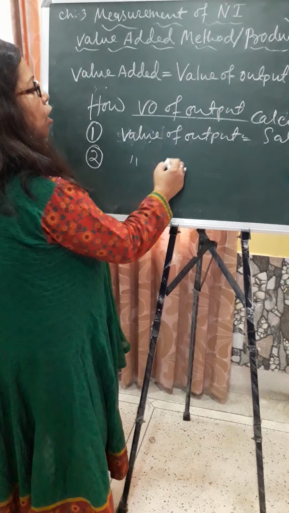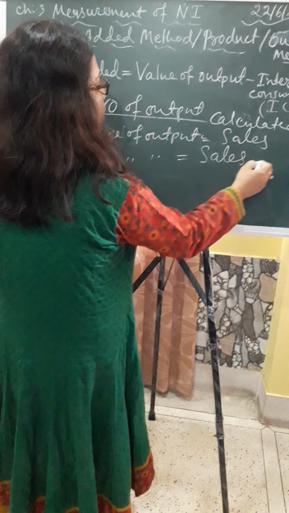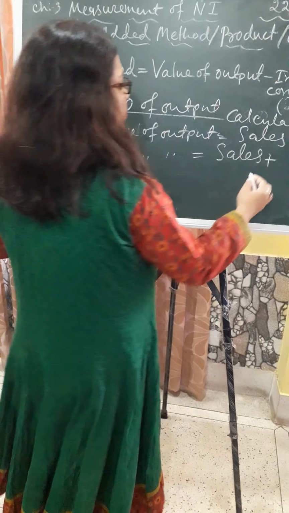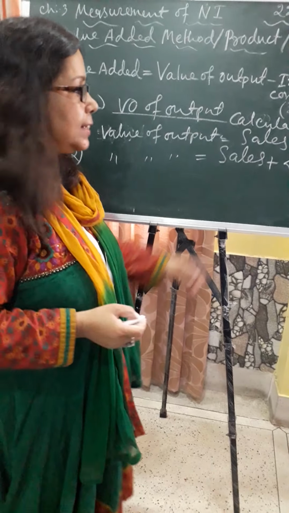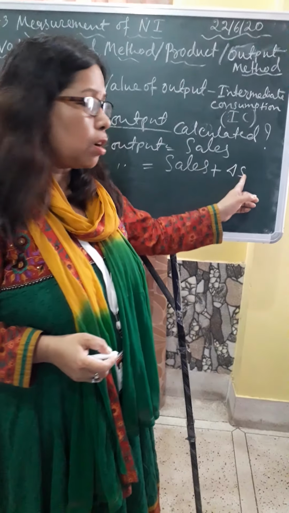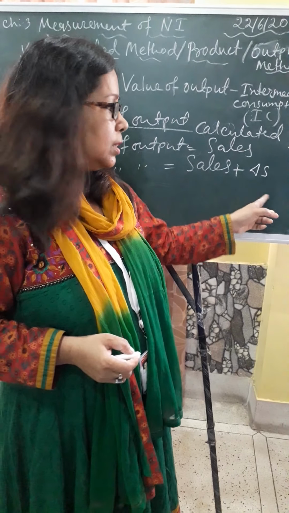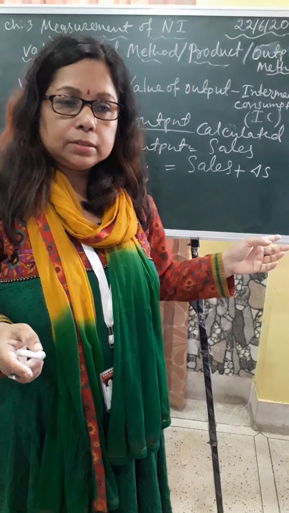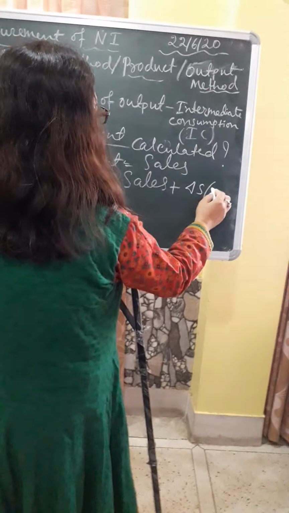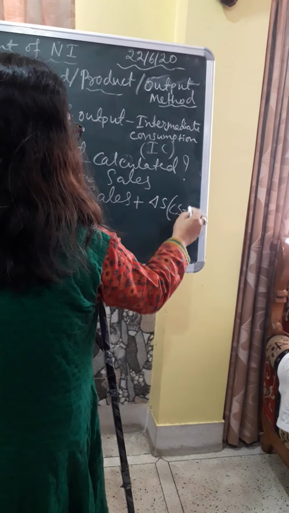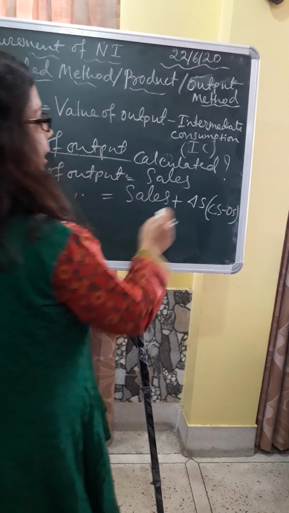So value of output equals sales plus change in stock. Unsold stock means change in stock. Change in stock we can calculate as closing stock minus opening stock.